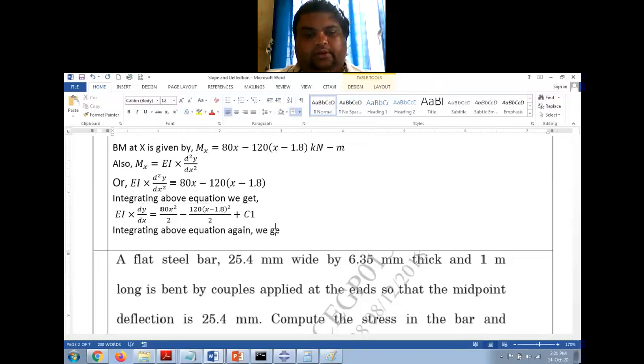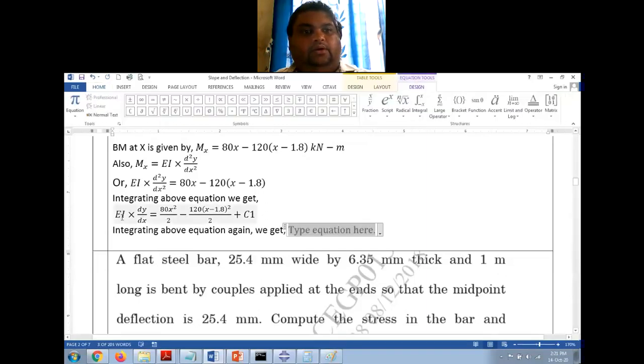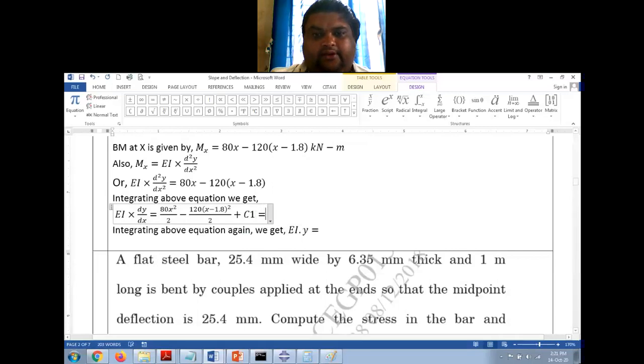Again, we get, now what will this become? EI into y, correct, is equal to, now if you want, I'll just simplify this again. So this is equal to 80x square, so it becomes 80x square by 2, it becomes 40x square, right?